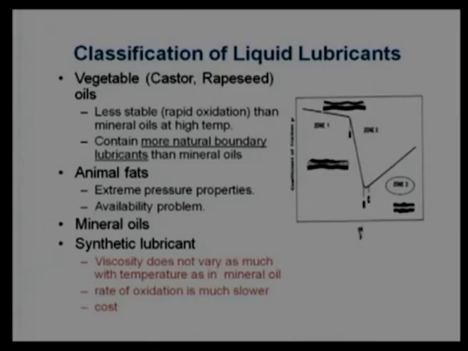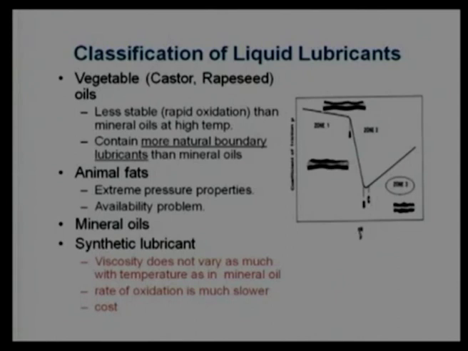Talking about the vegetable oil, it appears that this will be very economic, will be less costly, but it does not happen to be. Processing takes time as well as money. So, they are not as economic as the mineral oils. In addition to that, they are less stable, thermal as well as oxidational.